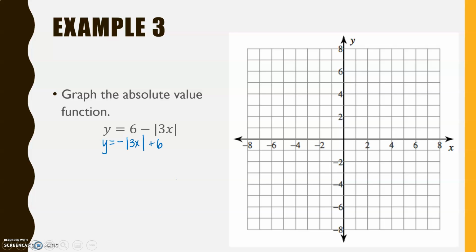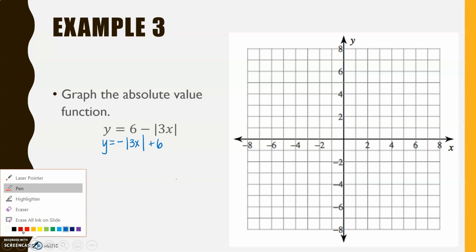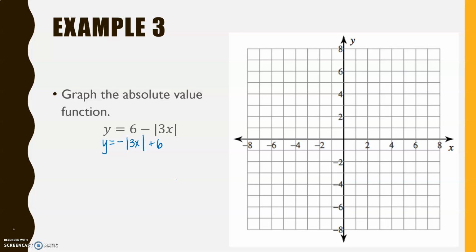All right, so this one's a little weird because of how it's written, so I went ahead and rewrote it so that it was in order. I've got M, A, B. This 6 is being added technically, so I just moved it to the end so that it was in the correct form.